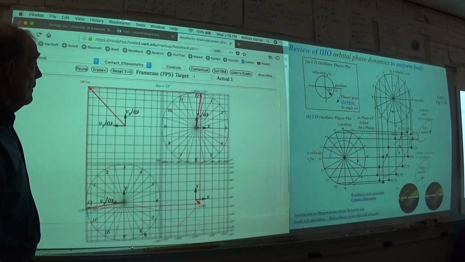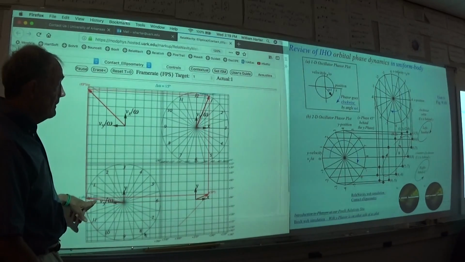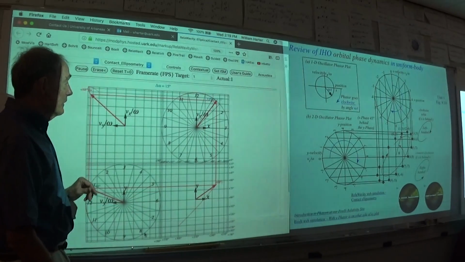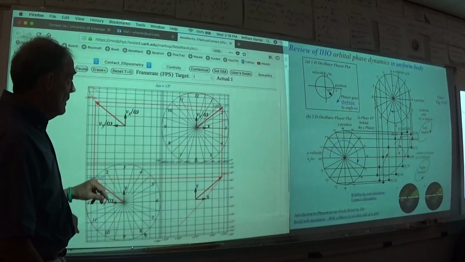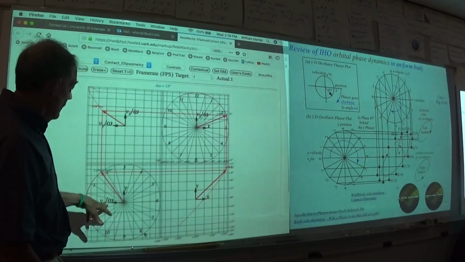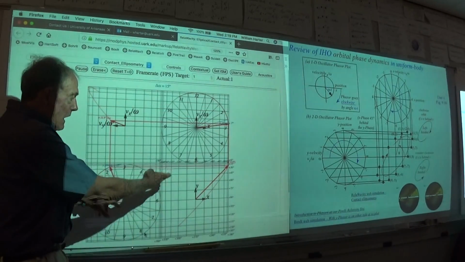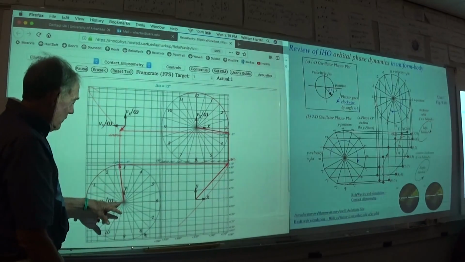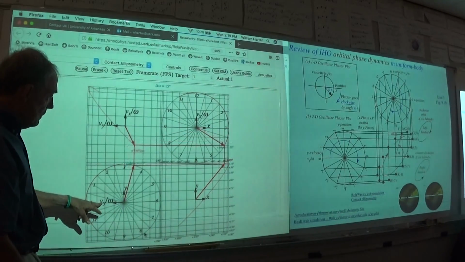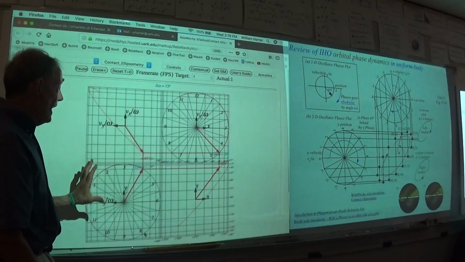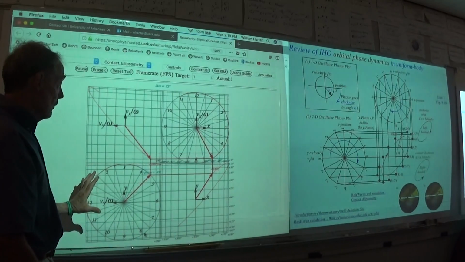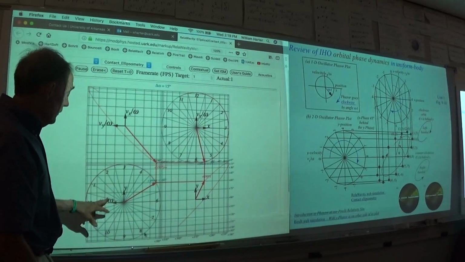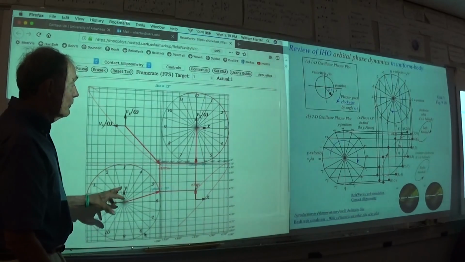Okay, so these are two clocks running at that frequency, omega. This is a plot here of the y position versus the velocity y. Now that's an action diagram or plot here with coordinates versus velocity.